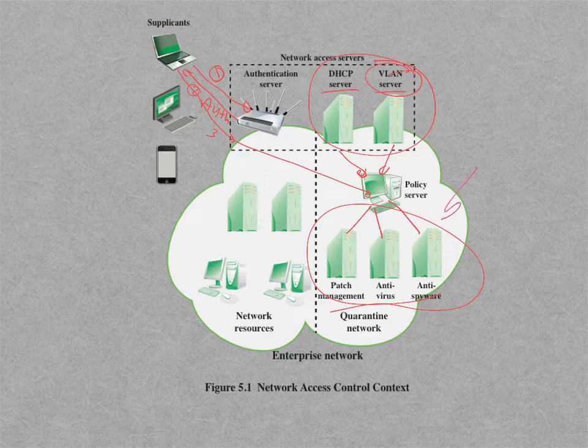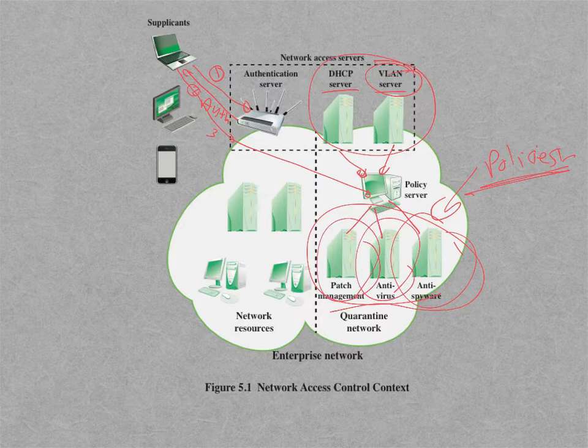And there are certain policies based on which you can admit this supplicant or this node to the physical network. It could be that your antivirus is up to date. If your antivirus is not up to date, we'll ask you to update it.